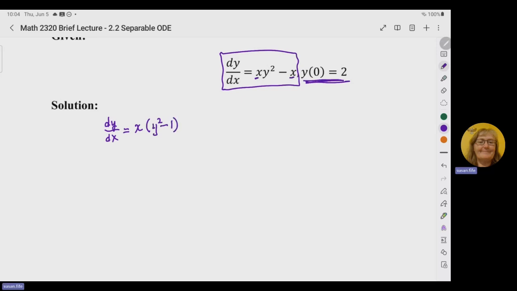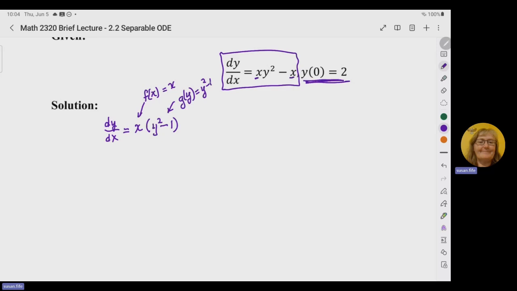And there's my function of x times my function of y. It's my f of x equals x. My function of y, g of y, is y squared minus 1.